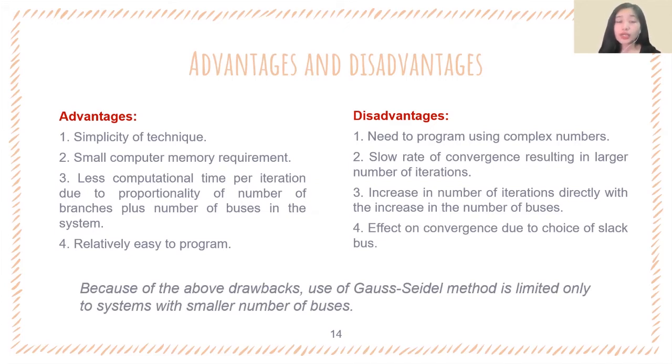That is what I was talking about earlier: because of its simplicity of technique and its small computer memory requirement, which are its advantages, this has arisen from the fact that we are only dealing with a smaller number of buses. Later on, in the next episode, we will understand why our Gauss Seidel is only used for a smaller number of buses in comparison to our Newton-Raphson.